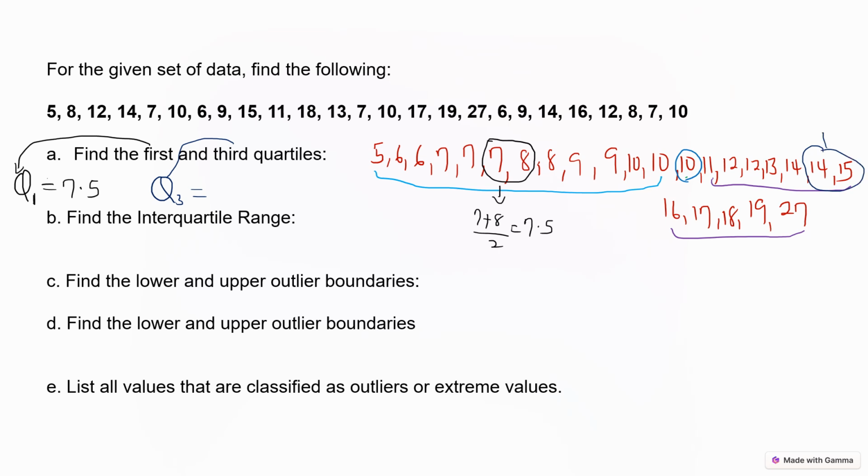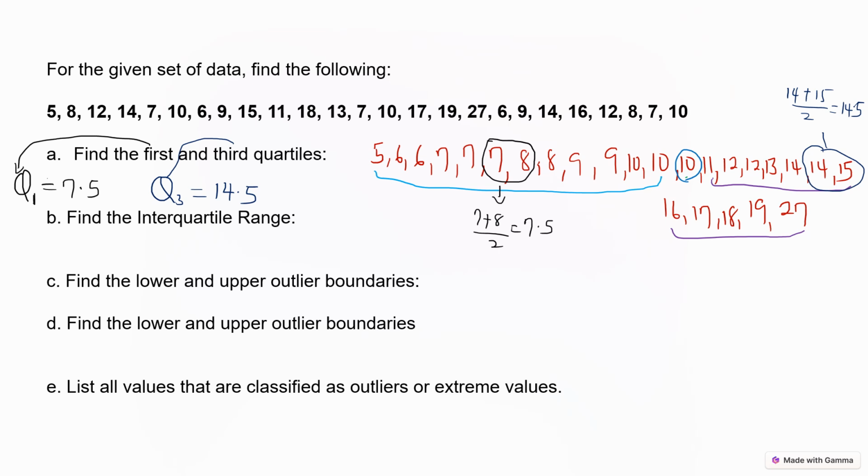If you take the average, 14 plus 15 over 2, it gives 14.5. So now we've gotten Q1 and Q3.